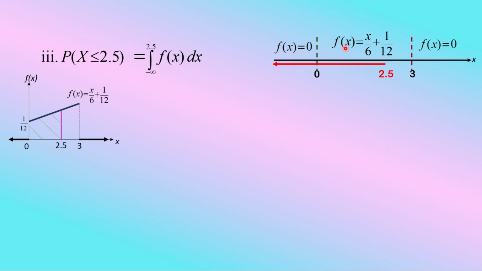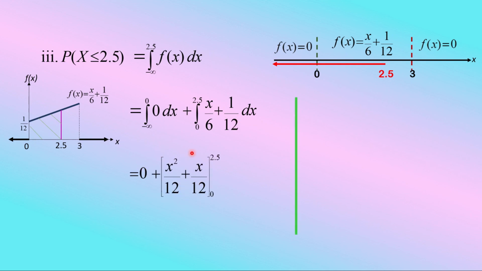So the first integration will be from negative infinity to 0 for the function 0, plus the second interval from 0 to 2.5 for the function x over 6 plus 1 over 12. Then this is the result after integrating. Substitute for the answer, and the probability of x less than or equal to 2.5 is 35 over 48.